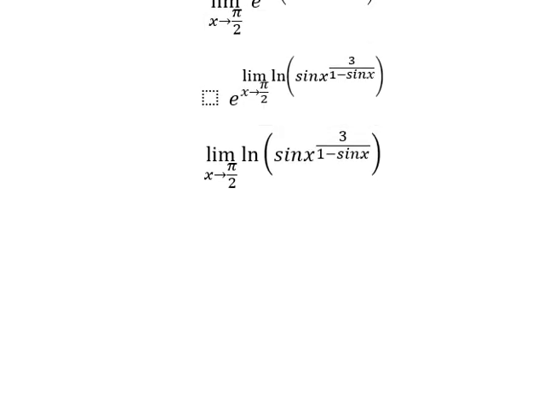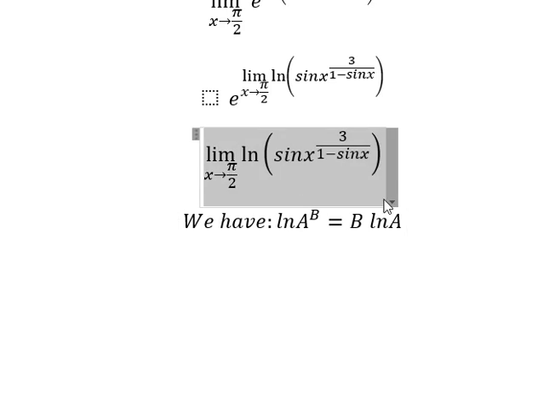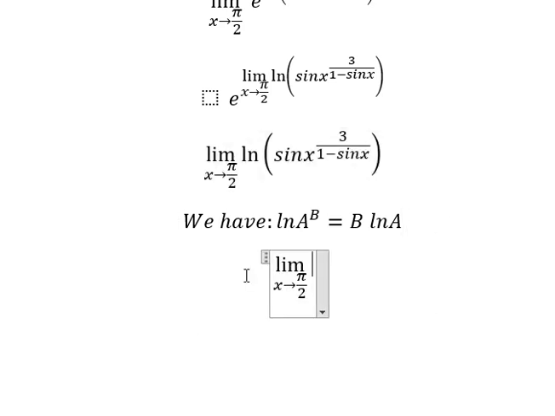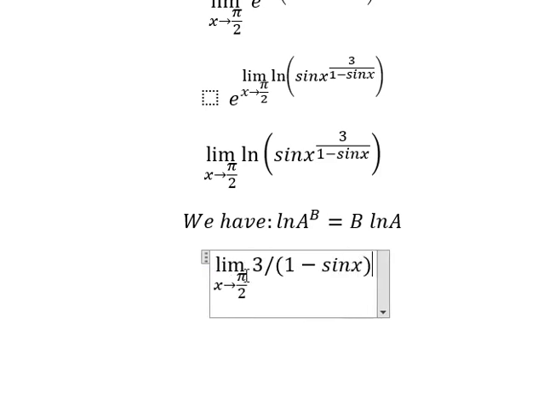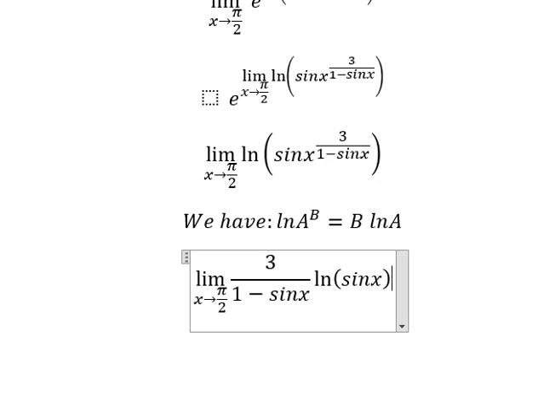Now we have the second formula in here. So this one, that is about number 3 over 1 minus sin x multiplied by ln of sin x.